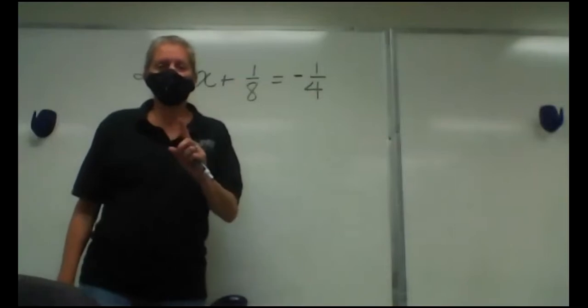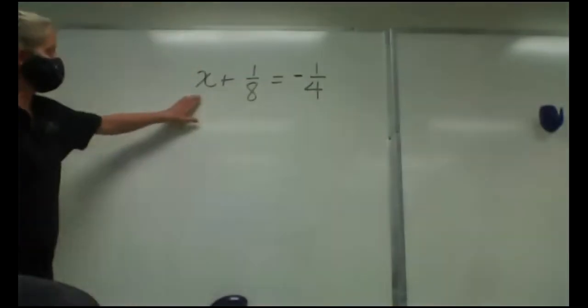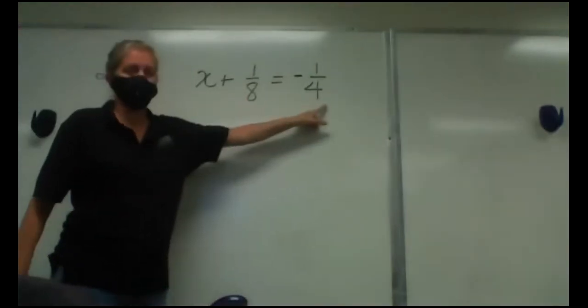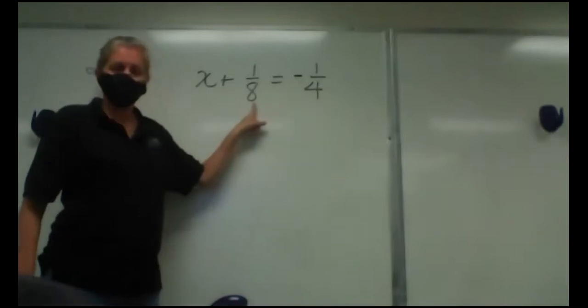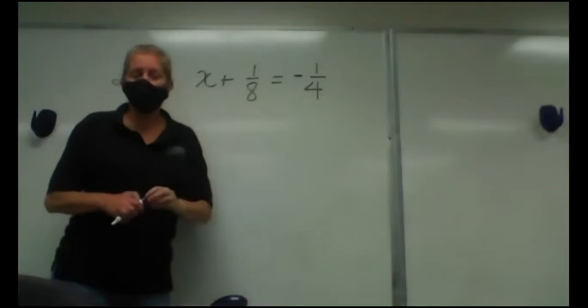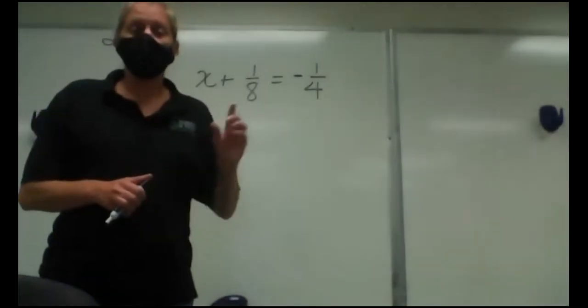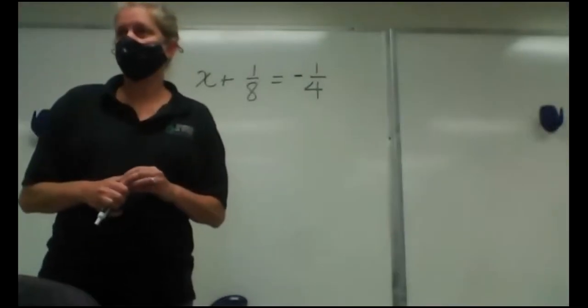So here's what we're going to do. And then I'm going to show you how to do it in the calculator so you don't even have to really do it. So look, I'll look at the denominators, the bottom numbers of these fractions. I'll look at the biggest denominator. What I'm trying to find is the smallest number that 4 and 8 both go into.